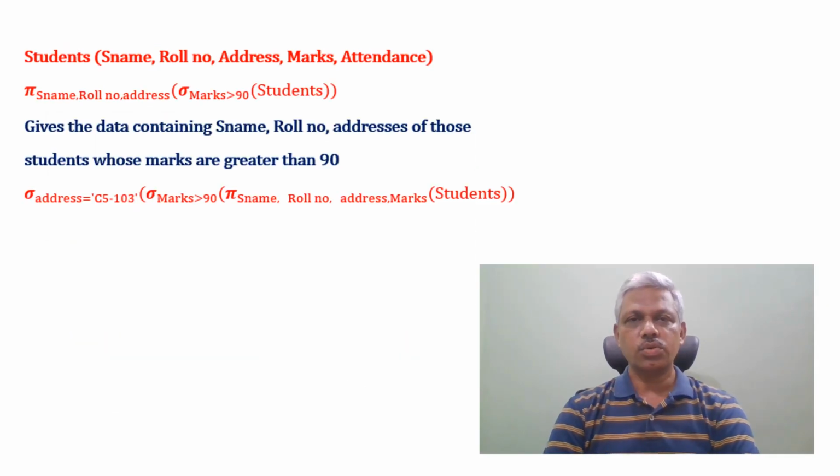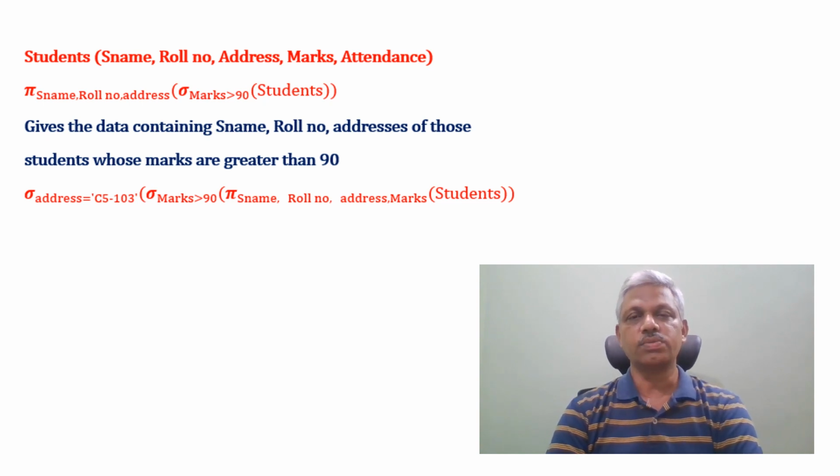Now we will see how to combine these operations of select and project and what are the advantages of this. Given a table consisting of students, with student name, roll number, address, marks, and attendance, the first query says sigma marks greater than 90 on students, and then pi S name, roll number, and address. What does it mean?